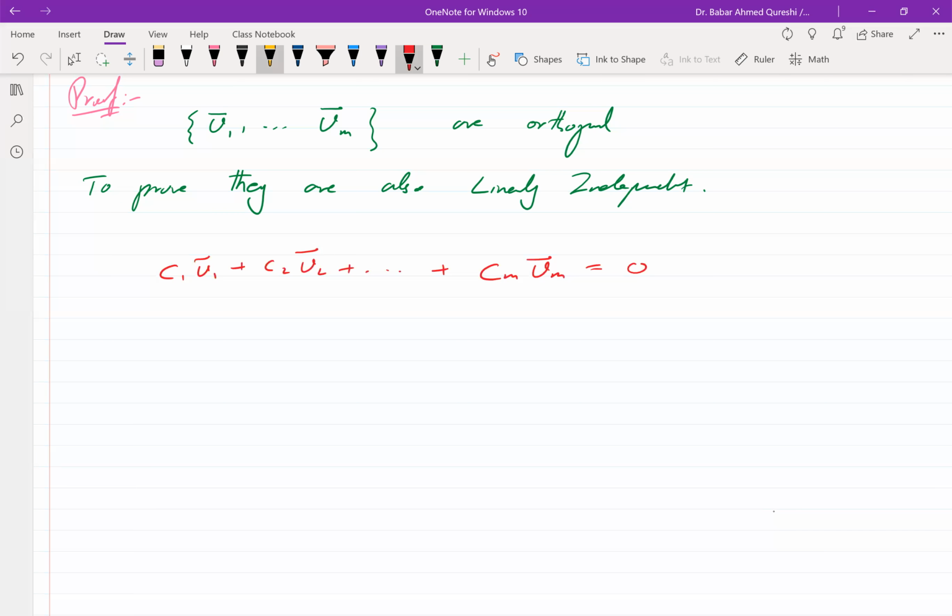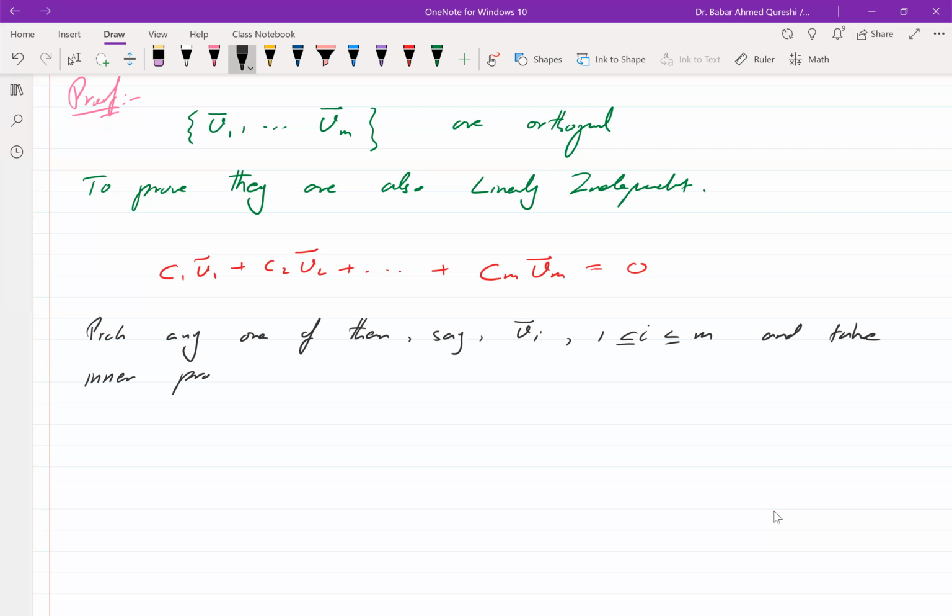So pick any one of them, say Vi, where i is between 1 and m, and take the inner product with the above equation.